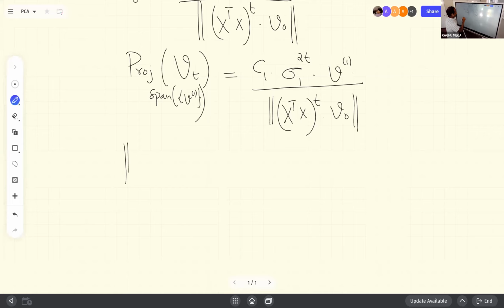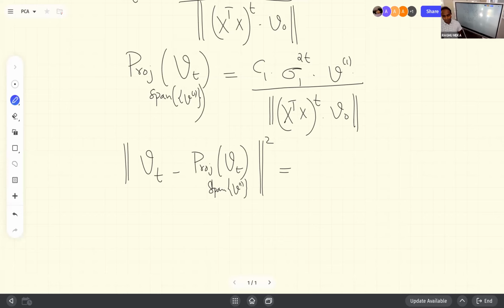So, I wanted to control how far my v_t was to the true singular vector. Right? What is this norm squared then? Maybe even, let me write it without the norm squared. So what's the difference then? It's just, you subtract the projection out.